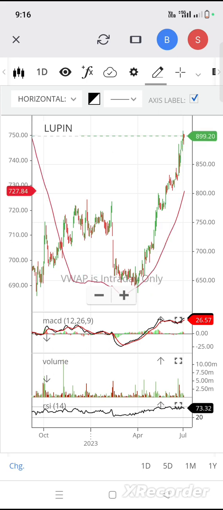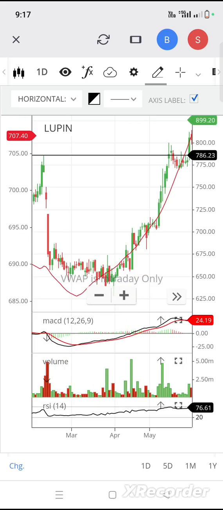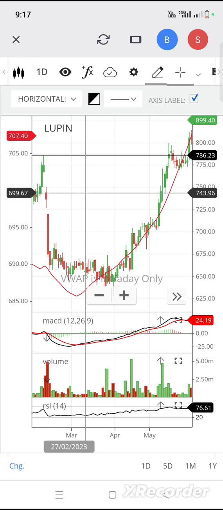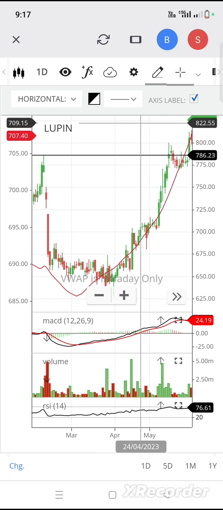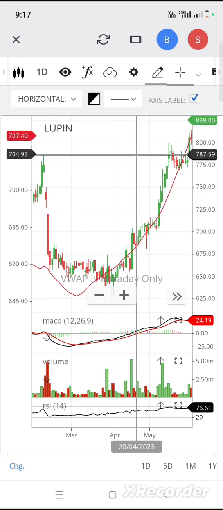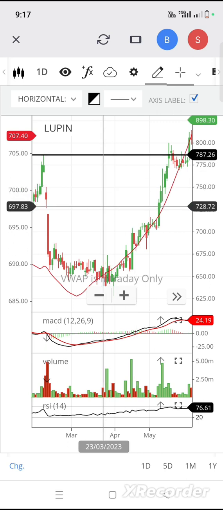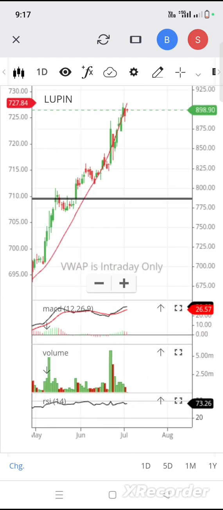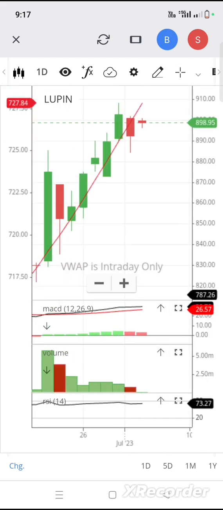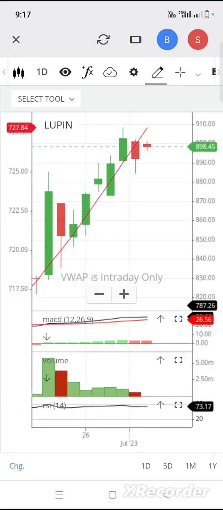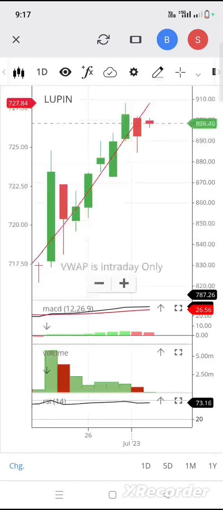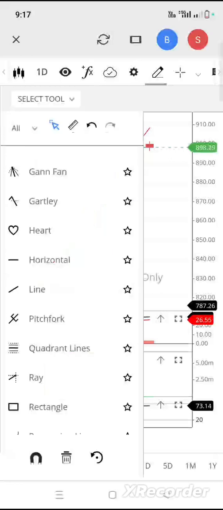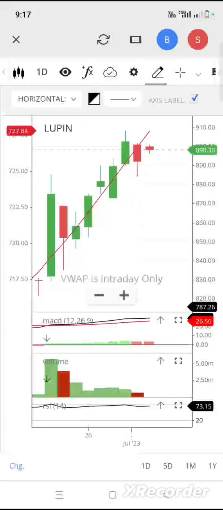I'm checking Lupin. So we'll mark previous highs and lows of Lupin.